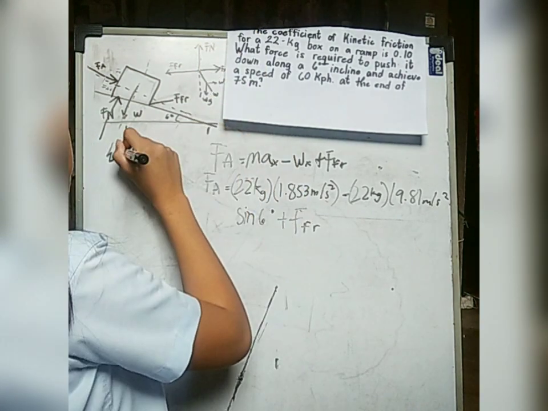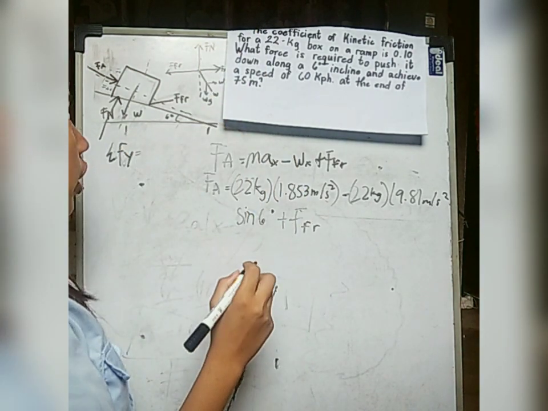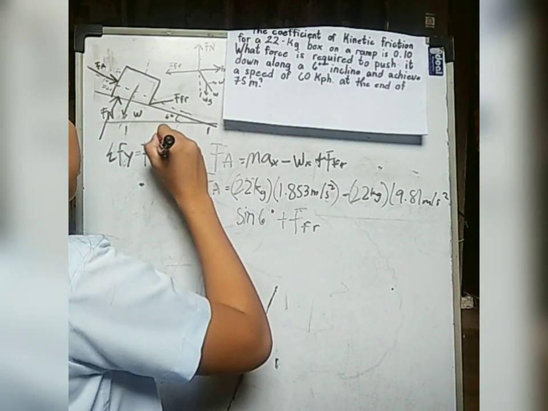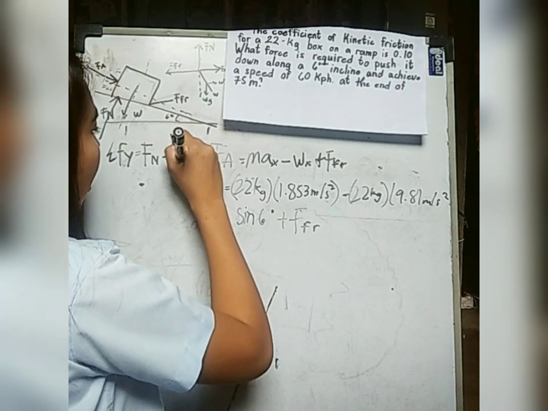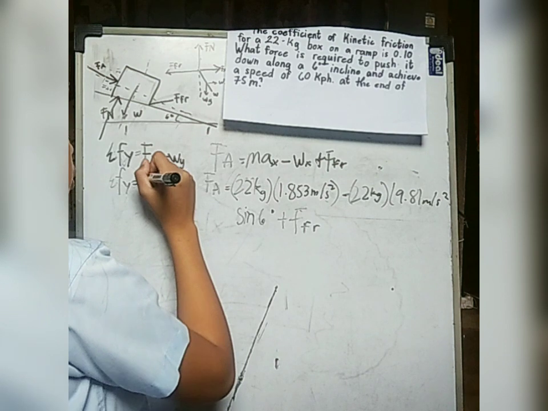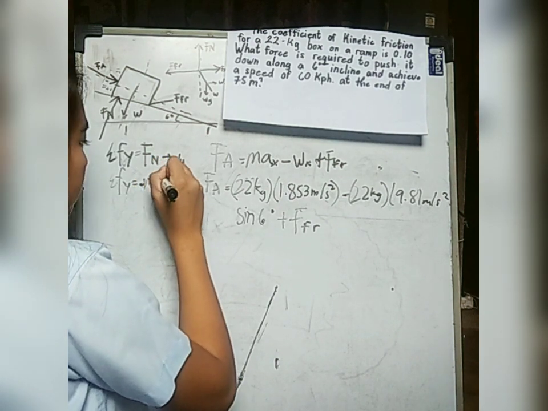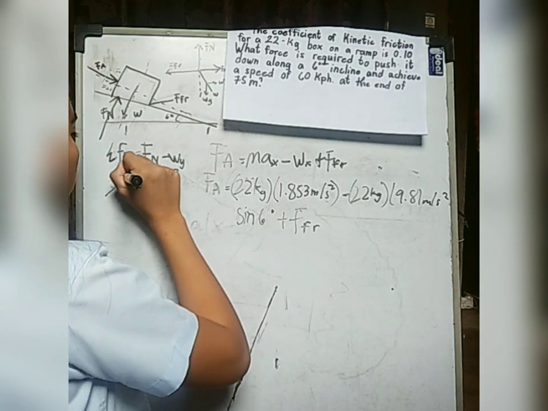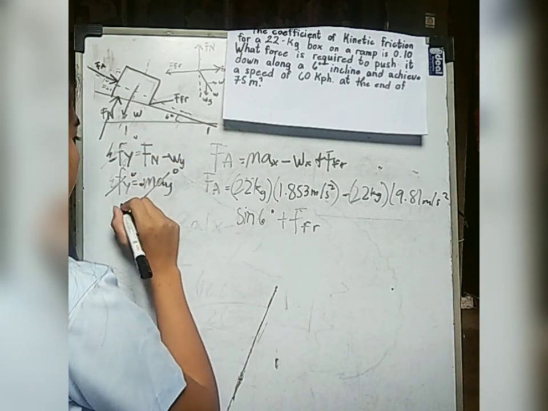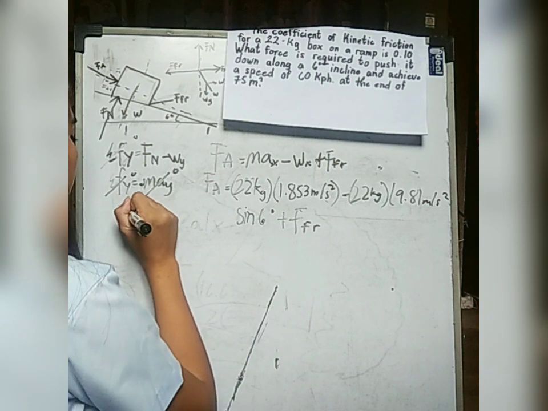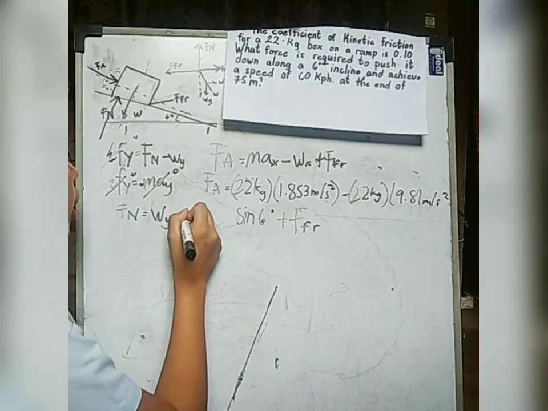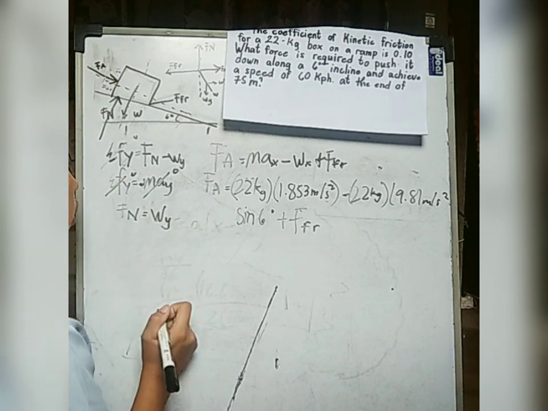Summation of forces that act in y direction is equals to normal force minus weight y. So, summation of Fy is equals to, from Newton's second law of motion, 0 ito. So, Fn is equals to weight y. Ito na ngayon yung magiging formula ng normal force.